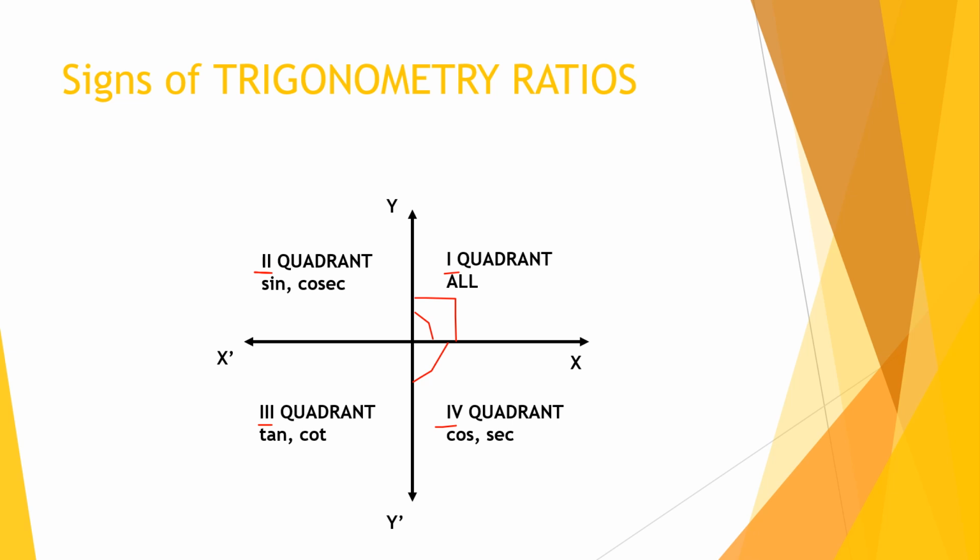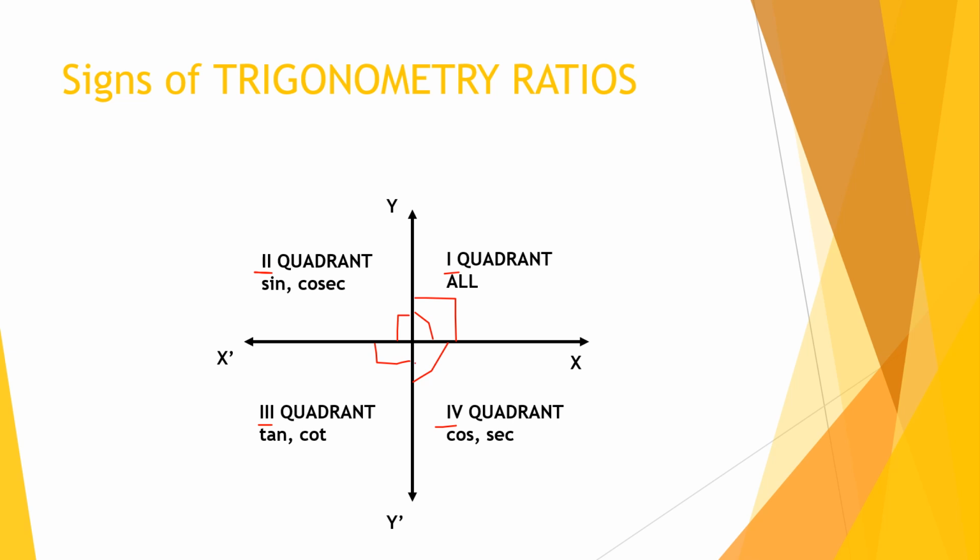When we move on to the second quadrant, the value will be 90 plus theta. The straight line is 180 degree minus theta. When we move on to the third quadrant, it is 180 degree plus theta, 270 degree minus theta.